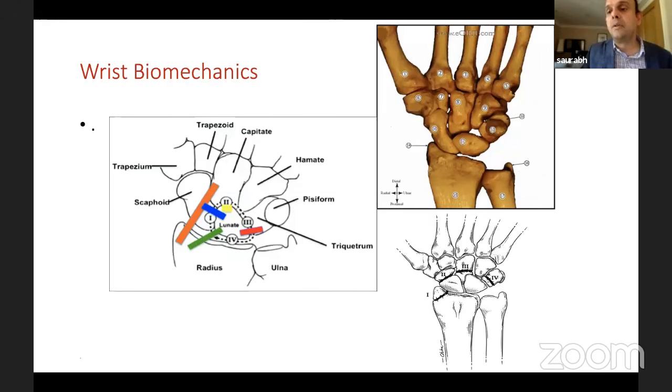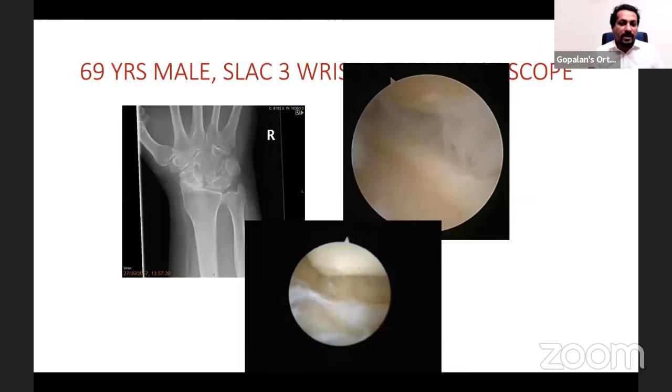So the moment the capitolunate joint is involved, you think immediately about a capitolunate fusion, which means a four corner or limited fusion, right? So the key point is that you do the arthroscopy and look at the capitolunate joint. If it is arthritic, you need to fuse the capitolunate joint. Absolutely.